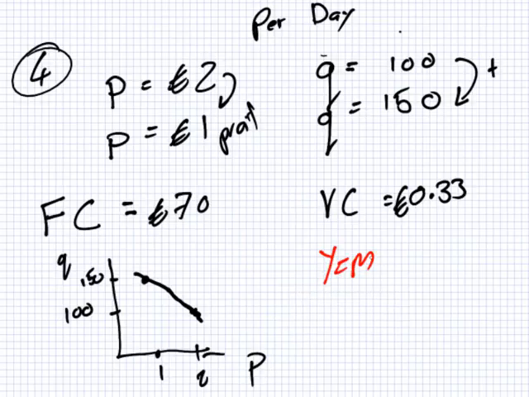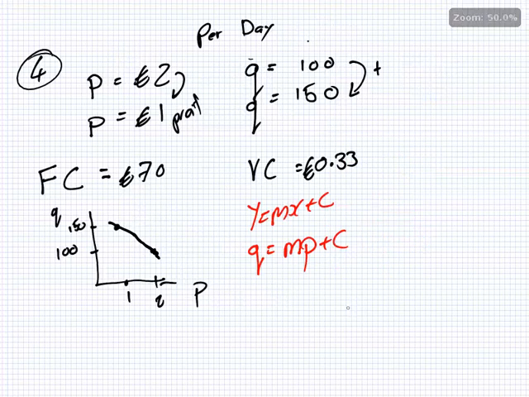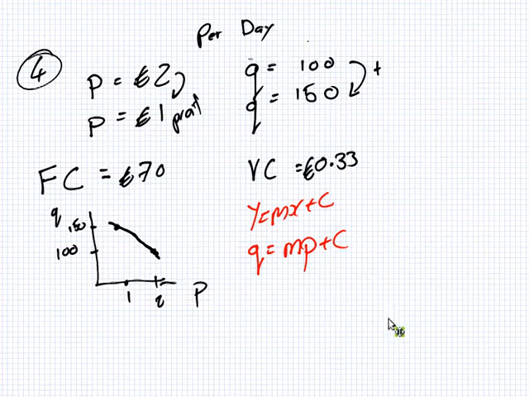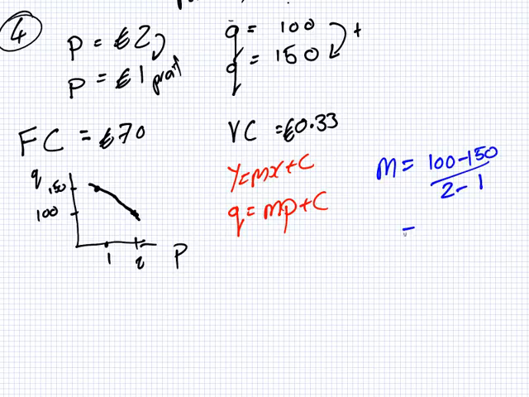Y equals mx plus c. But it's not y, it's q. And it's not x, it's p. Okay, so firstly, let's get the m. M equals 100 minus 150 over 2 minus 1, which equals minus 50.